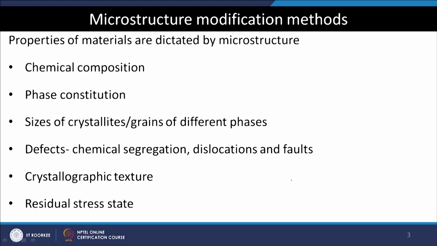The other aspect is that we do not change any of these things, but we only change the residual stress state, for example, at the surface. We know that most failures, or any cracks, nucleate and start to propagate into the material from the surface.